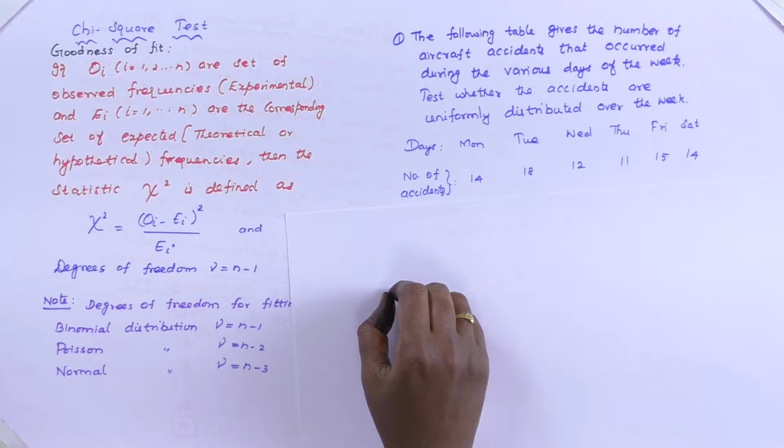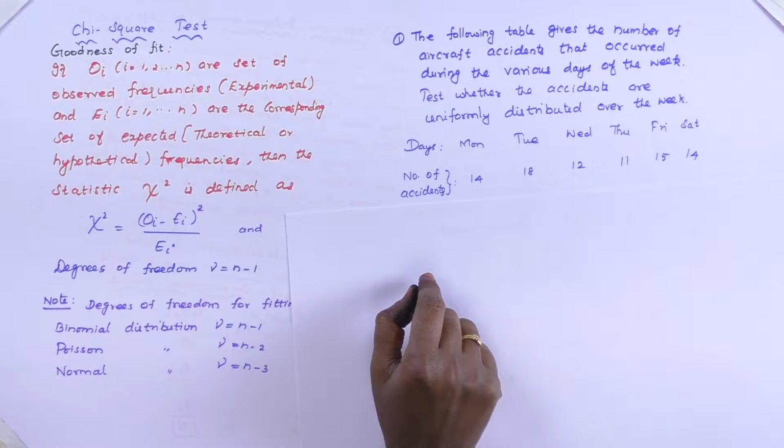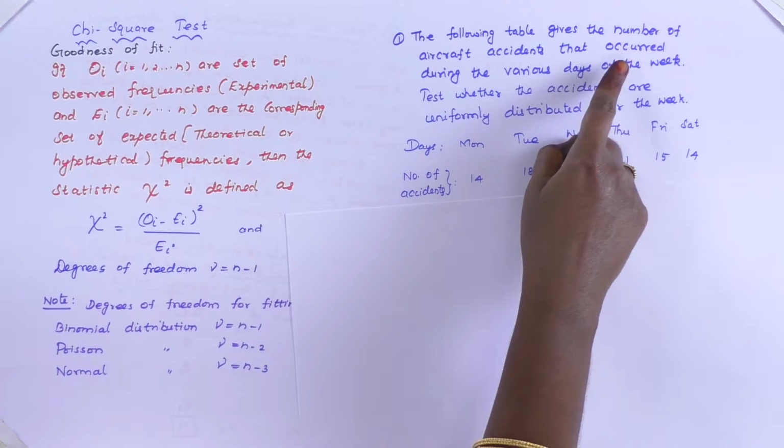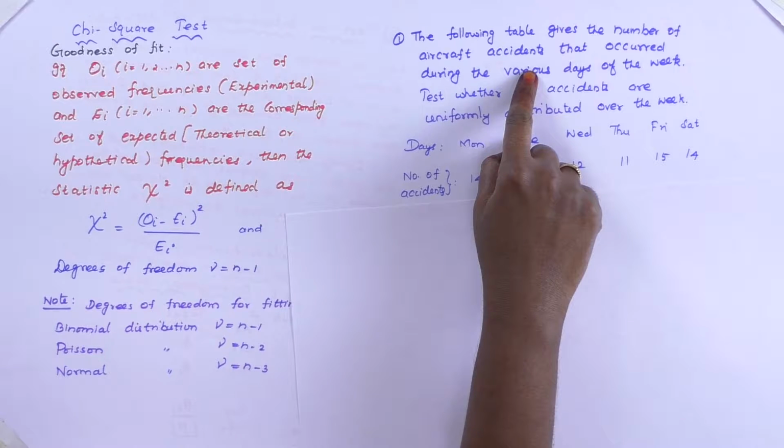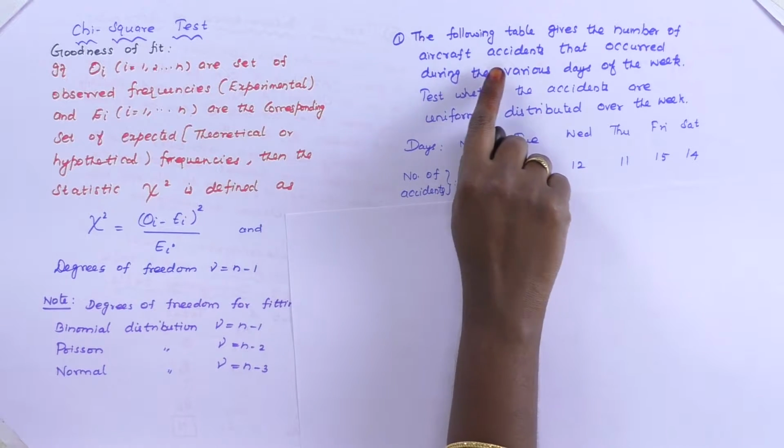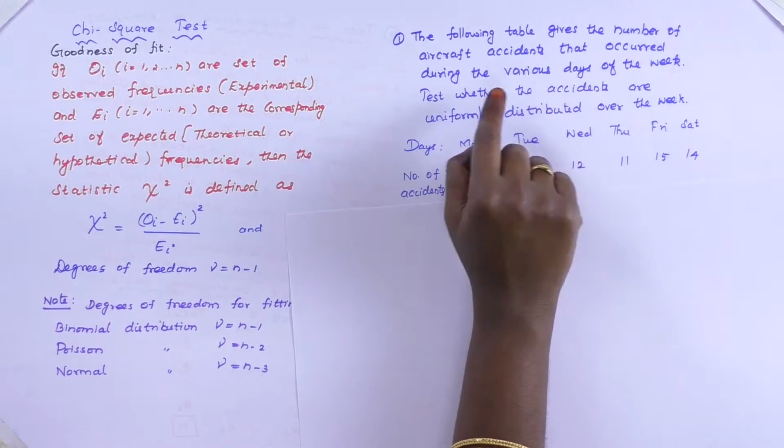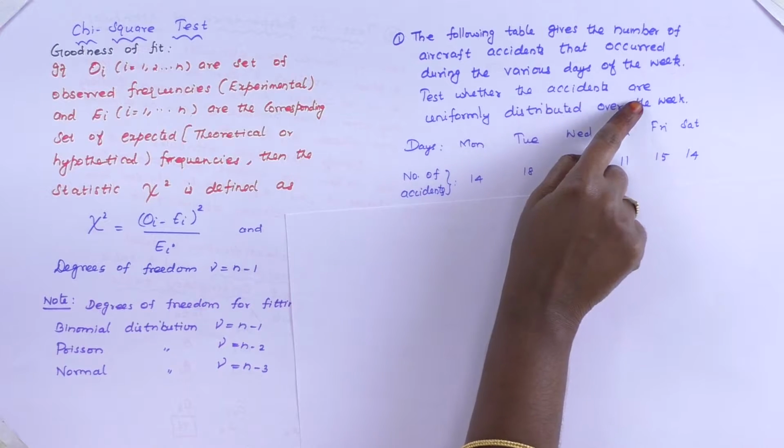Now we are going to solve a problem based on the chi-square distribution under goodness of fit. The following table gives the number of aircraft accidents that occur during the various days of the week.